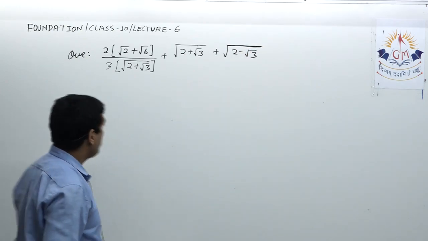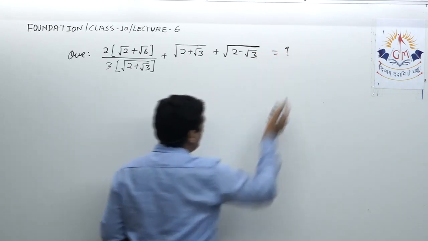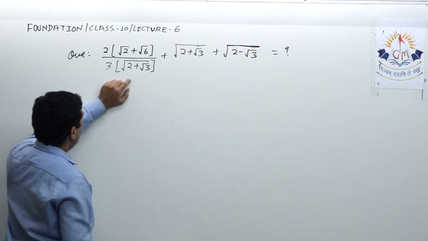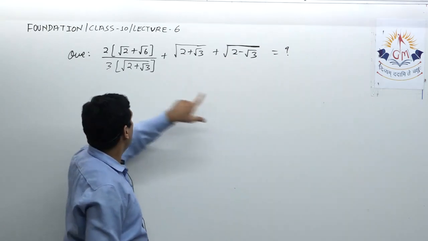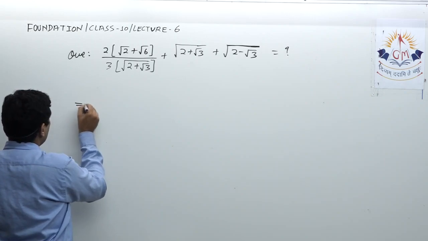Evaluate and simplify are the same thing. So I have to find the square root of this 2 plus root 3, this 2 minus root 3, and again 2 plus root 3. So let us see how to simplify this.